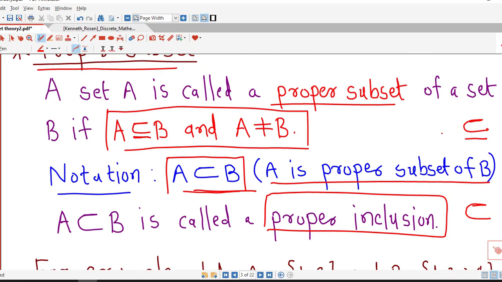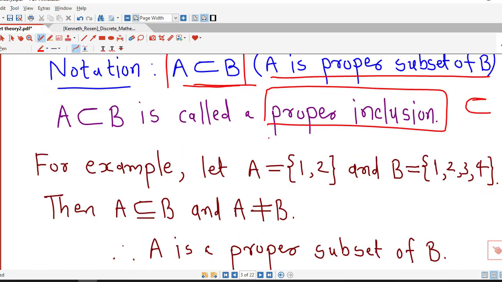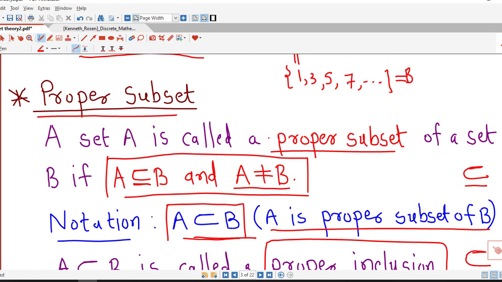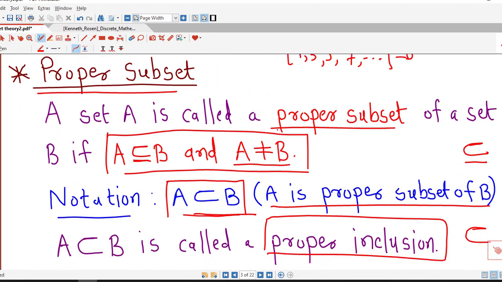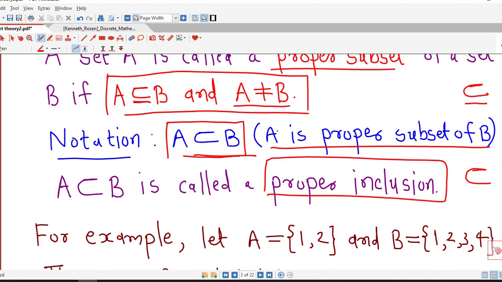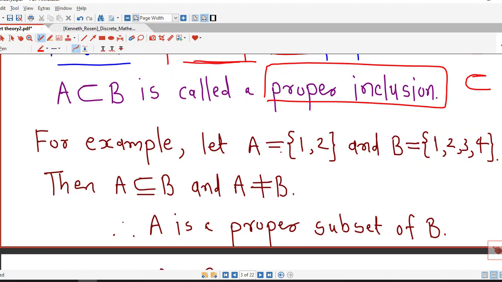So definition is simple. We have to take care that A is subset of B and A and B are not equal. So if A is subset of B, then B is not a subset of A. Otherwise A and B will be equal. So this is the example for proper subset. Suppose A is a set containing 1, 2 and B is a set containing 1, 2, 3, 4.